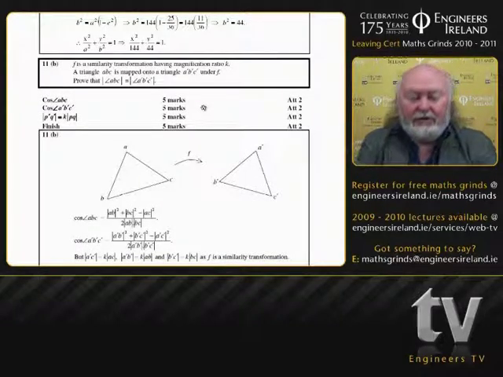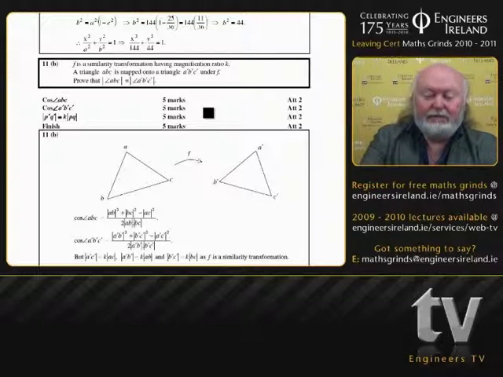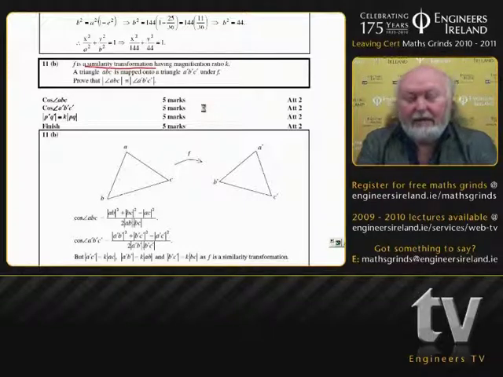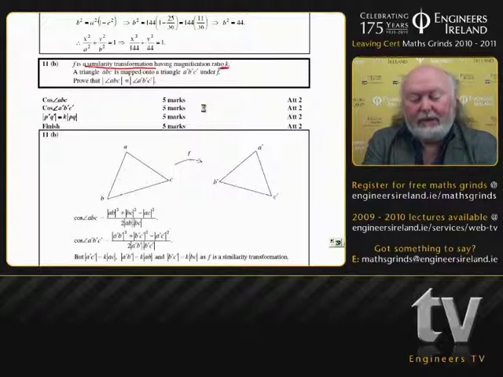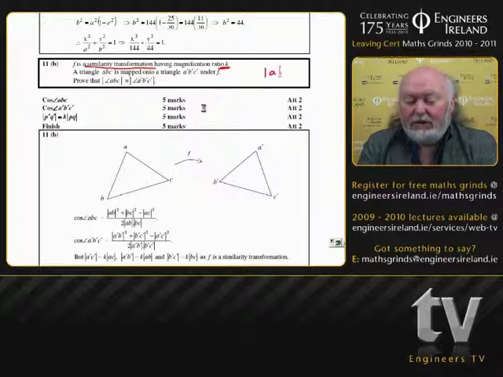F is a similarity transform having a magnification ratio k. If you remember, we already have a definition something like this.